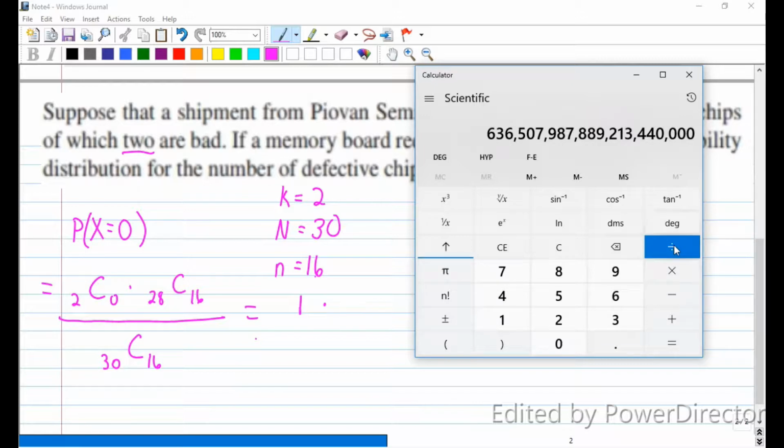And then you have to take that and divide that by 16 factorial. Notice how I got a whole number. That wasn't a coincidence. These combinations are always going to come out like that. All right, so I have 30,421,755.